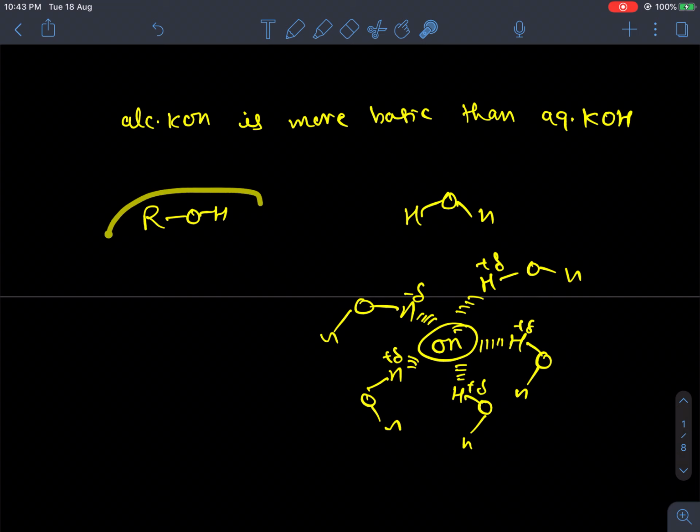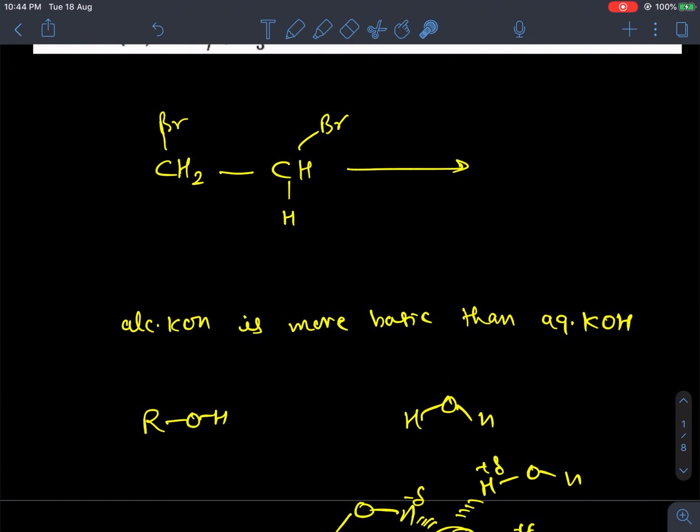So because of poor solvation of the negative ion in this solvent, the OH minus will be more basic, it will be more hungry for H plus ion. That is why alcoholic KOH prefers elimination, whereas aqueous KOH prefers substitution.